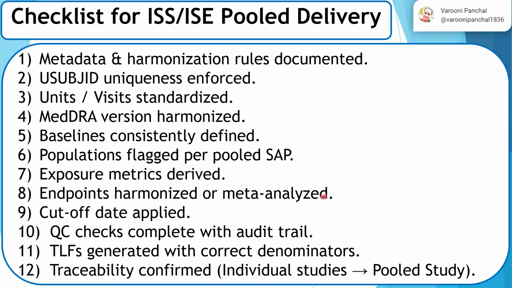However the data is present, everything should be present in pooled form, no matter what. That is the thumb rule whenever you are working with the ISS and ISE study.